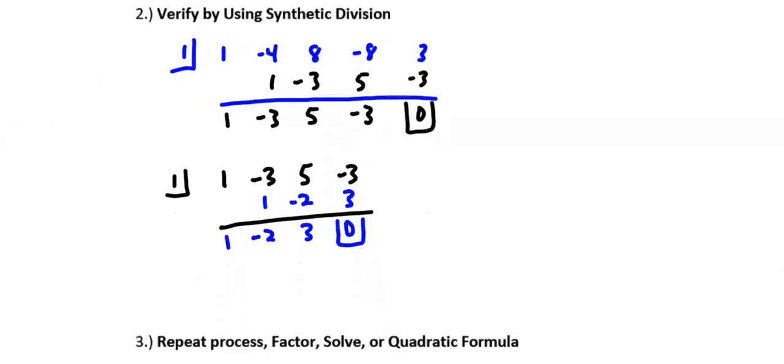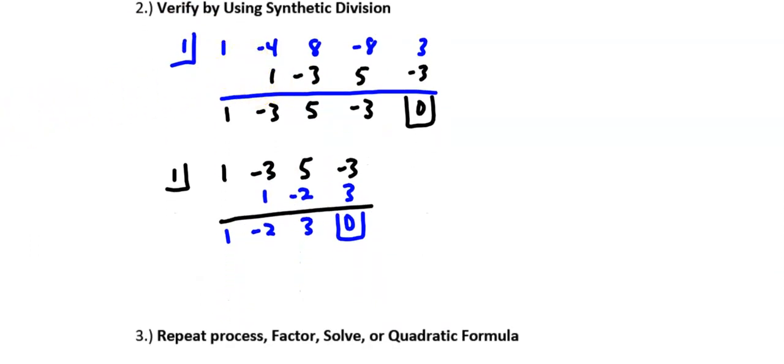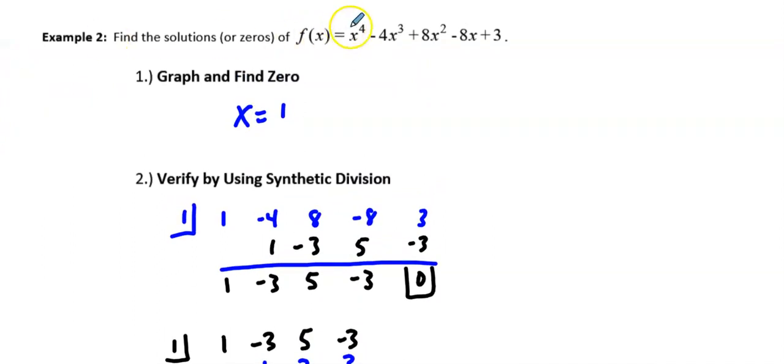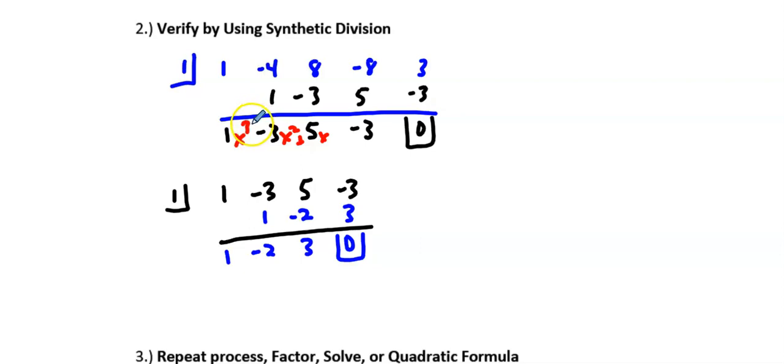So now we're left here. We started with a 4th degree polynomial, so this would be a cube. So we could say that this is x cubed minus 3x squared plus 5x minus 3. So now this is a cube, so this is going to be a square: x squared minus 2x plus 3.